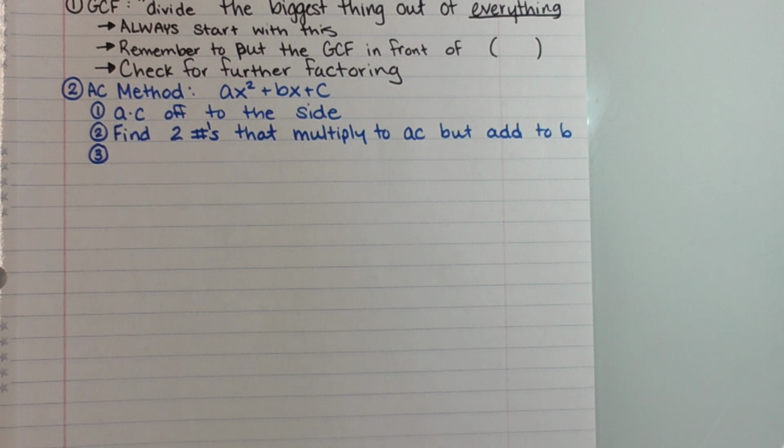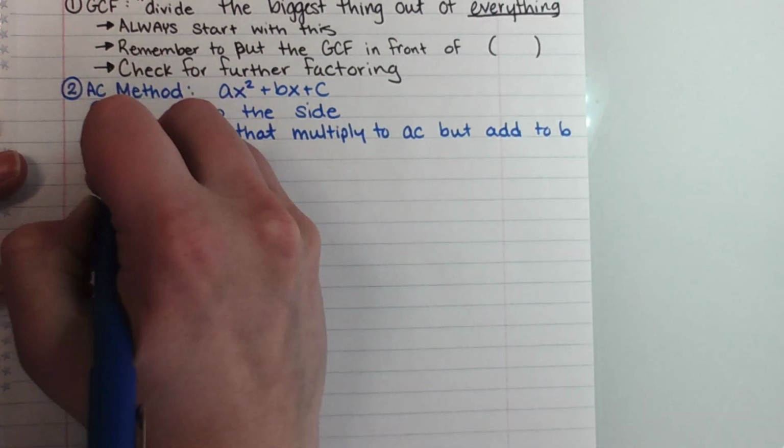The third step of the AC method factoring is the thing that people tend to forget most. It's called the rewrite step, if you ask me.